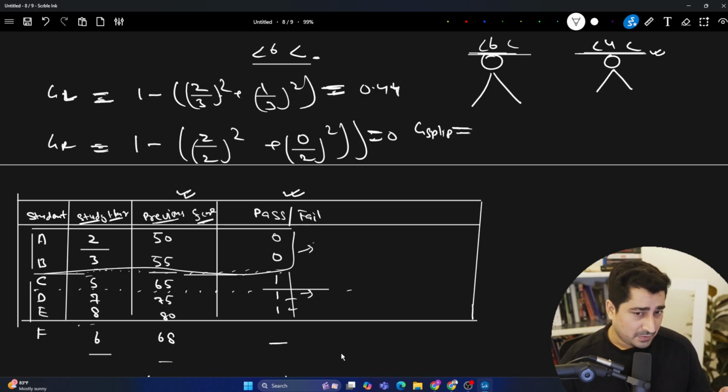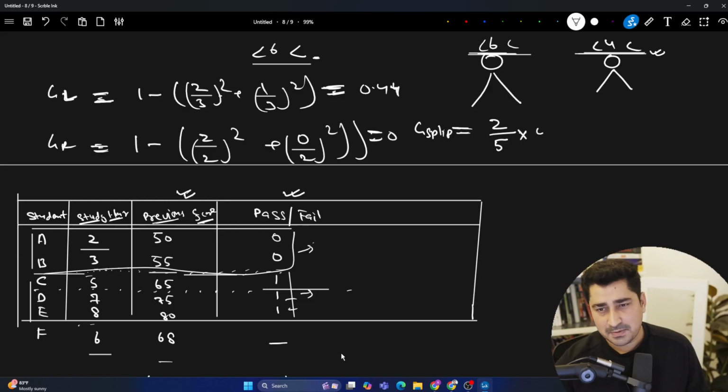We have two classes, 0 and 1. So 2/5 times Gini for left, which is 0.44, plus 3/5 times Gini for right, which is equal to 0. Now just do the math, guys.